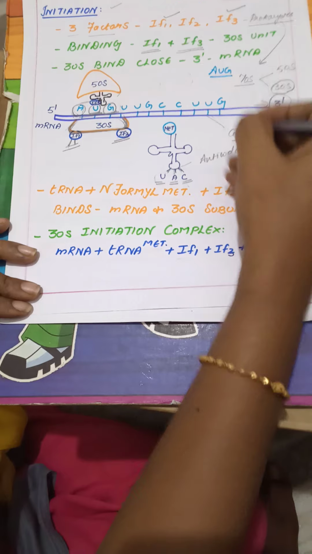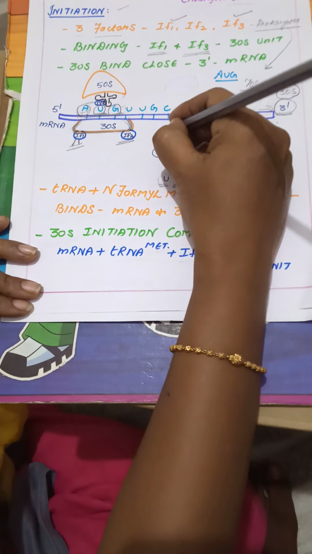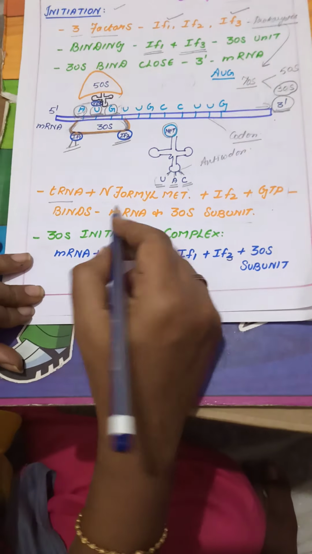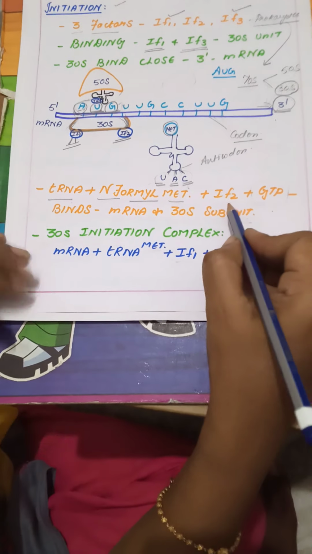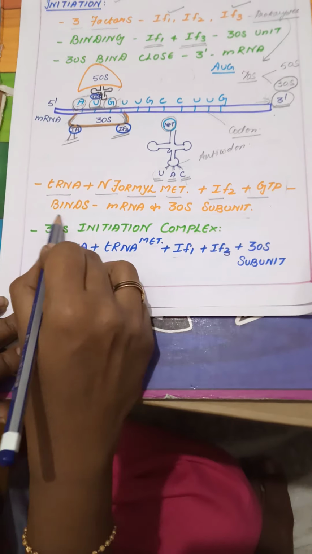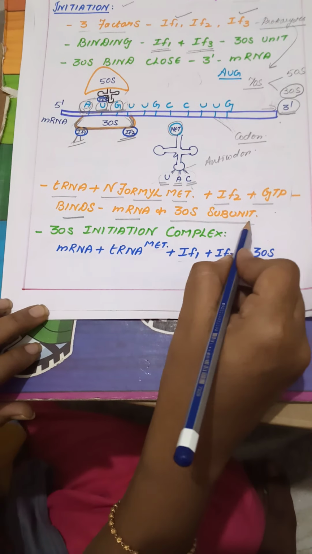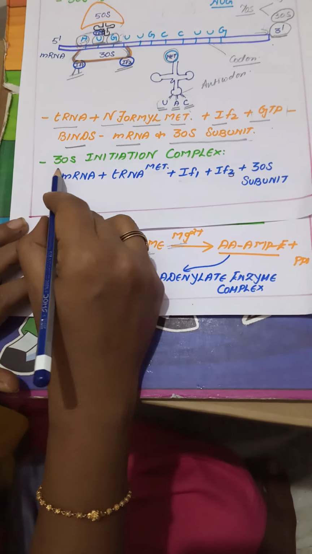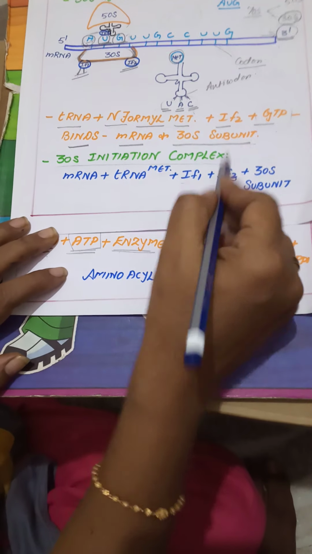As you know, AUG codes for the amino acid methionine. So the tRNA with N-formyl methionine, IF2 and GTP binds at the mRNA and the 30S subunit. This is said to be the 30S initiation complex.